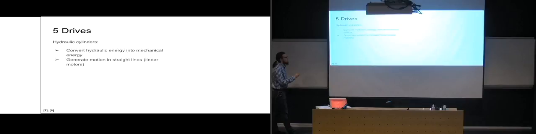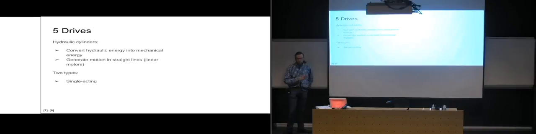Usually when we're thinking about a motor, we're thinking about something that's rotating, but these are also motors because they are generating linear motion. We have two general types of hydraulic cylinders. We have the single-acting ones, which we are going to look at today, and we have double-acting ones, which we are going to start looking at next week.